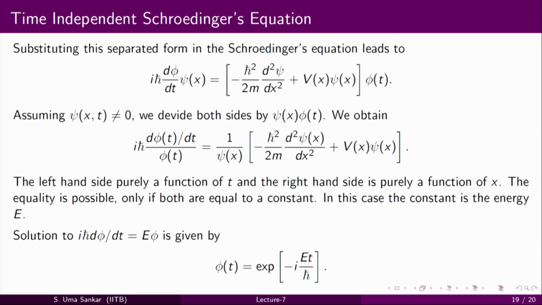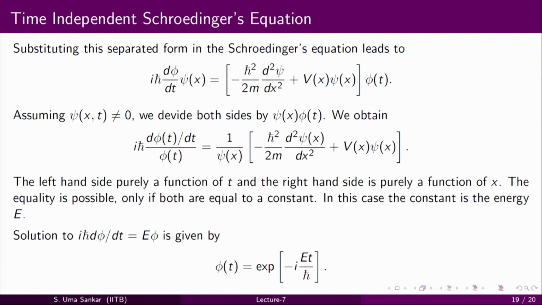So, if I say some function of time is equal to some other function of x, how can that be? It is possible when both functions are equal to a constant, only then it is possible. Otherwise, the left hand side is varying with respect to time and the right hand side is varying with respect to x.